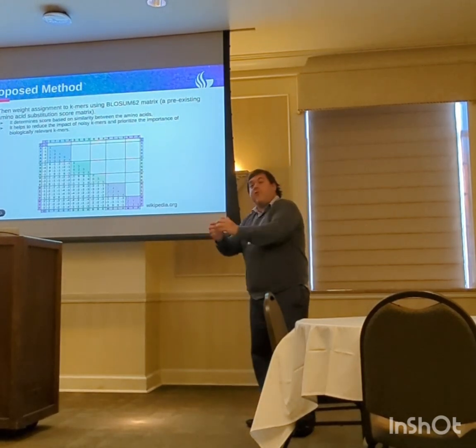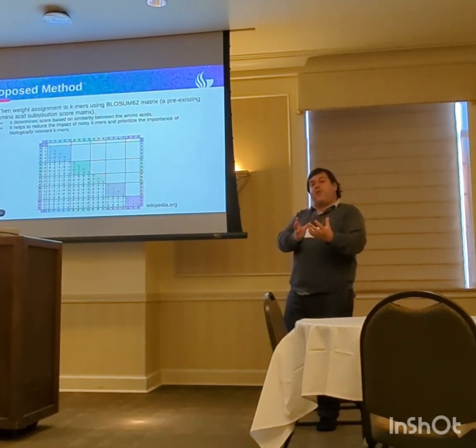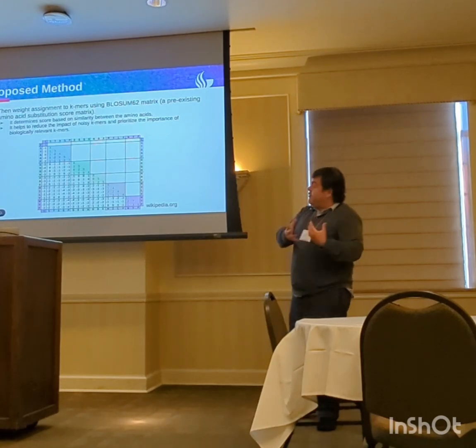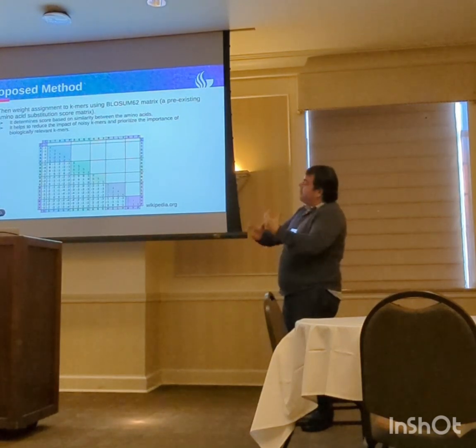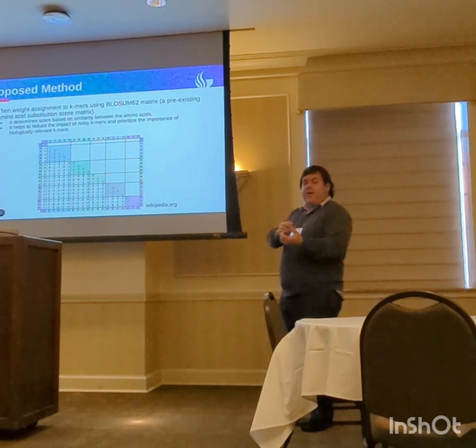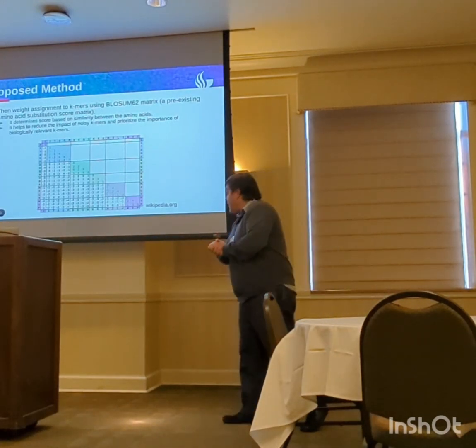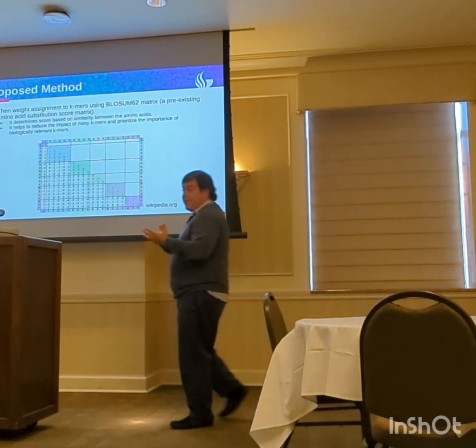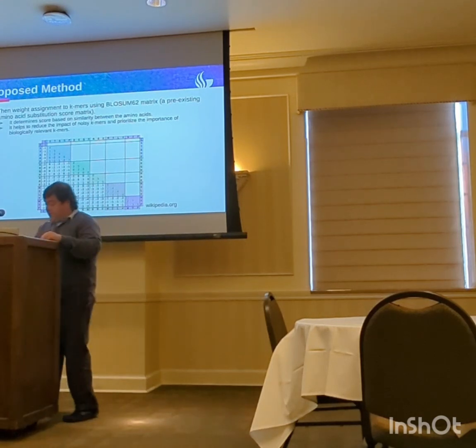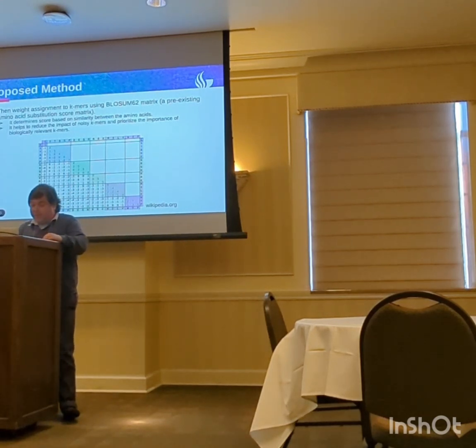Then you sum up those scores, and this gives you a weight for that k-mer. We had another hashing method before, where we were just assigning a weight of 1 to the k-mers, and we wanted to vary this a little bit to assign some sort of importance to the k-mers. We still have to suss out what that means, but this is what we do at the moment.